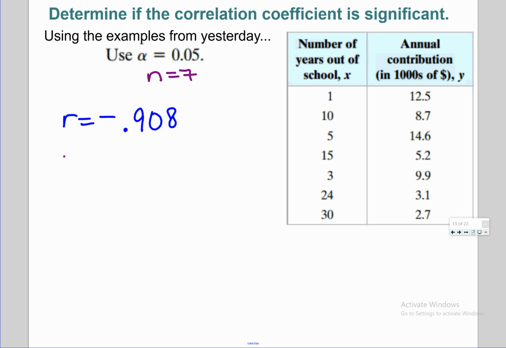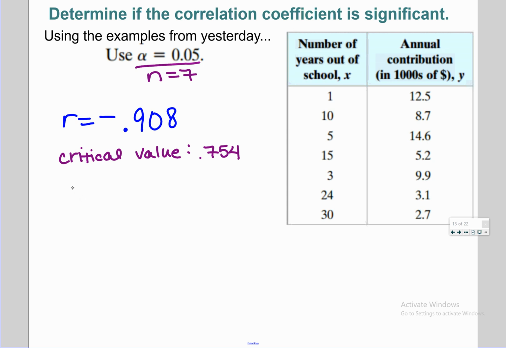Okay, so now let's find the critical value from our chart. They're telling us we have a level of significance of 0.05. So on that critical value Pearson coefficient, we're going to go over to 0.05. Down to 7, and you can see that value is 0.754. Good?